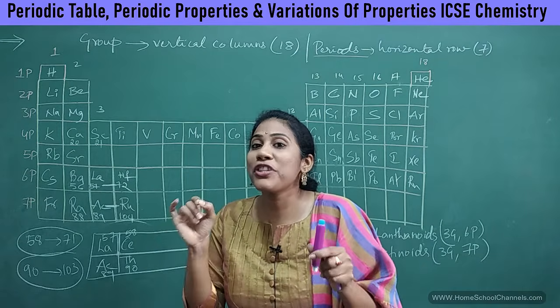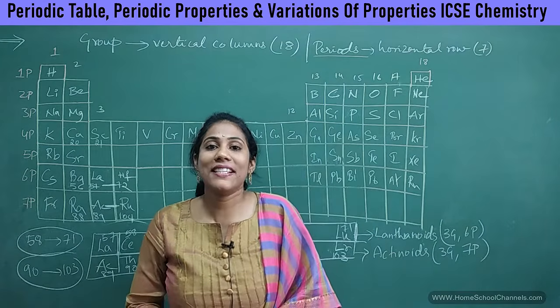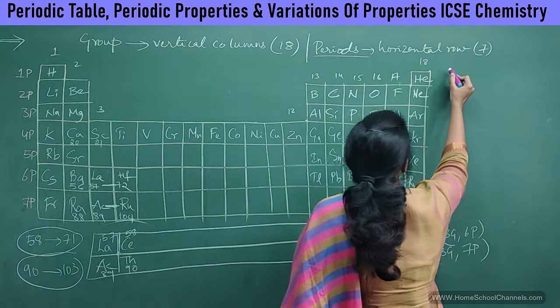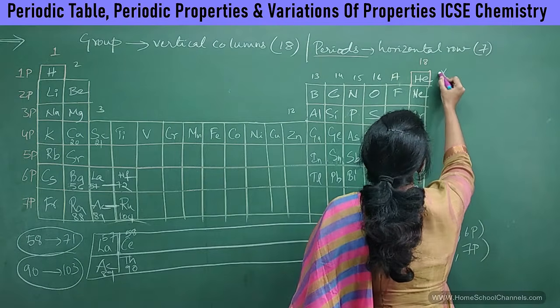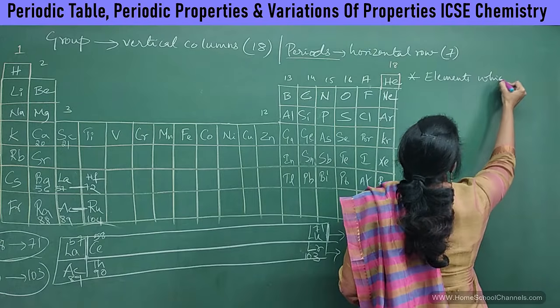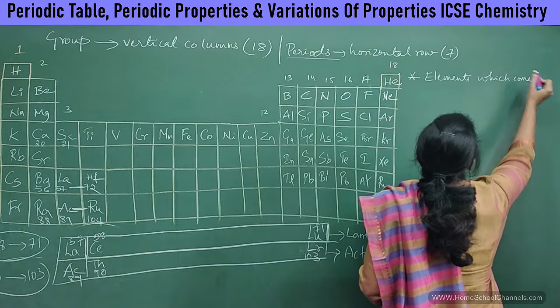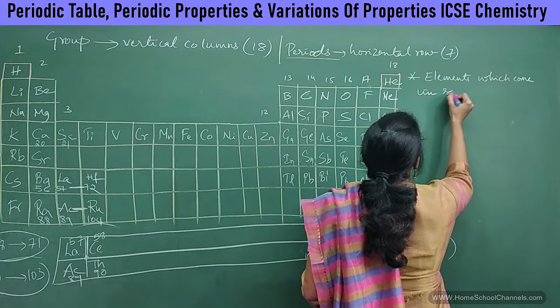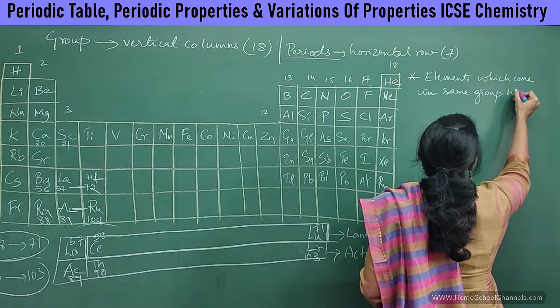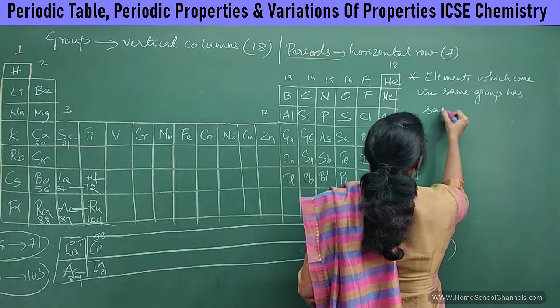That is the most important thing one must understand. So let me write that point here. Note down all these points. Elements which come in same group has same properties.